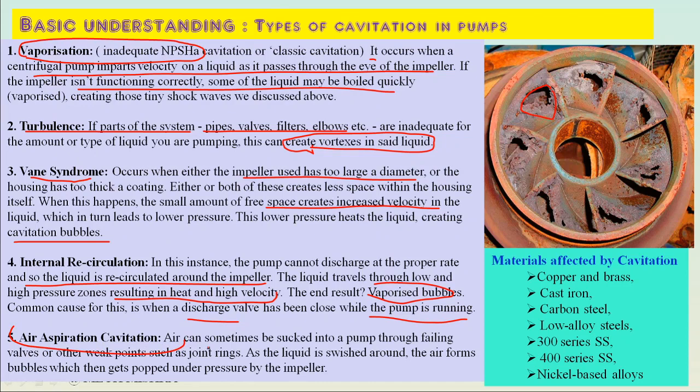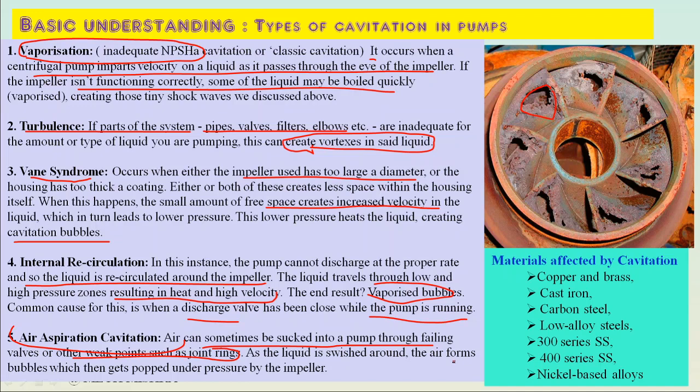So air can sometimes get sucked into the pump through failing valves or other weak points such as ring joints. So from some places air can ingress into the pump as the liquid switches around.